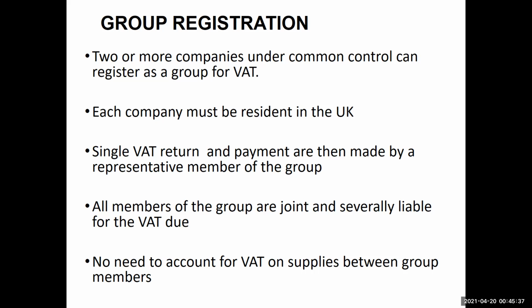One representative must represent all members of the group and file. Any consequences will be borne by the group, not by the subsidiaries or the parents. It will be borne by the entire group. There is no need to account for VAT on any supplies that occur intra-group, so any intra-group supplies will be exempted.